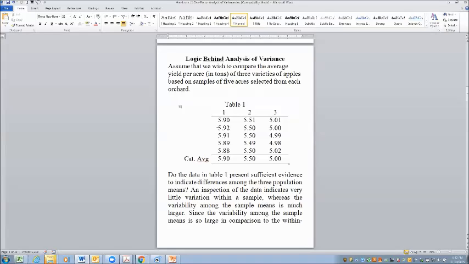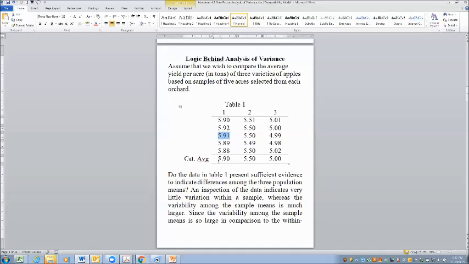So each one of these values would be the number of tons of apples obtained from each one of the 5 acres. So this 5.9 is 5.9 tons from the first acre, and we have 5.92 tons from the second acre, 5.91 tons from the third acre, and so on. And we're going to do that in each of our 3 orchards.